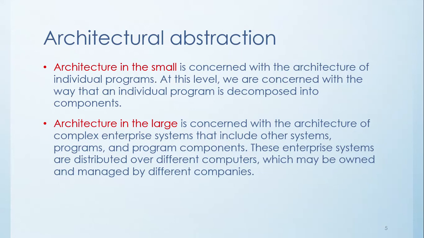So you could talk about architecture in small for each one of those things: Banner Finance as opposed to Banner Records as opposed to PeopleSoft HR. But architecture in large would be all systems as a whole, which we could break down into all of these different subsystems, and then architecture in small would be any one of those single ones broken down into its system components. So you have those levels of abstraction.